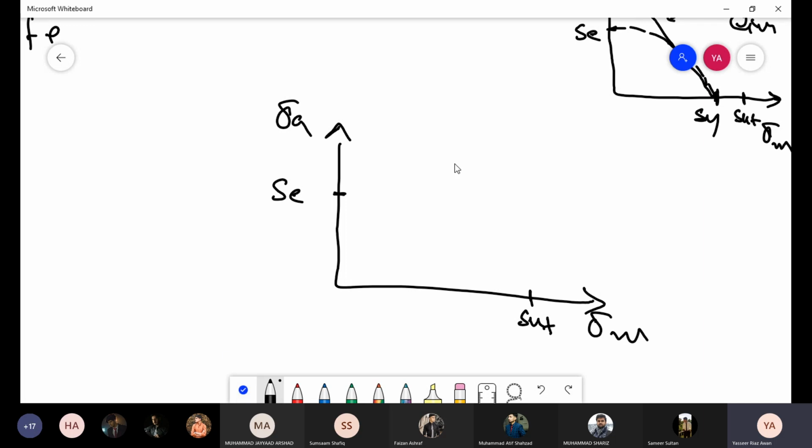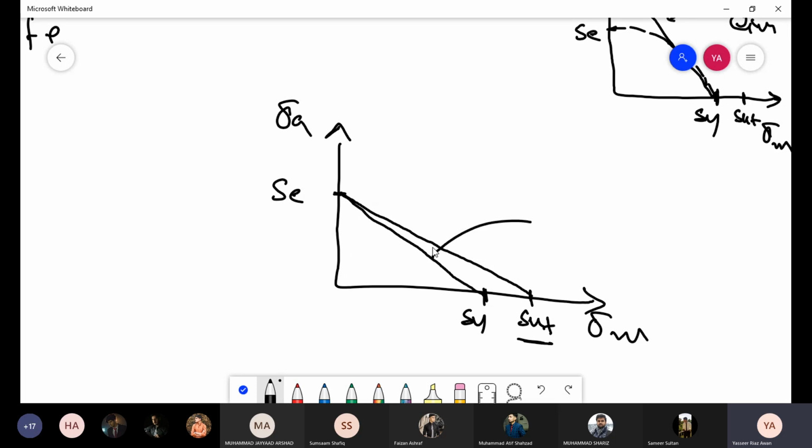This is one line of the modified Goodman diagram. Can we choose some other point and move it? Here we have assumed that sigma m fails at SUT. So we could have also thought that obviously the failure does not occur at SUT, but failure occurs at SY. So if we join it with this, we get this line. So this is basically another failure criterion.